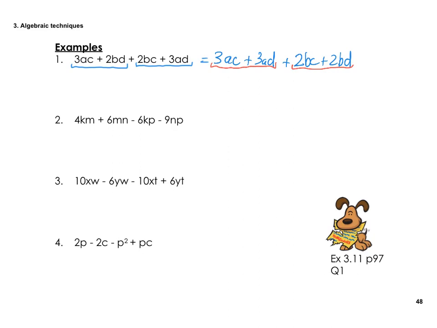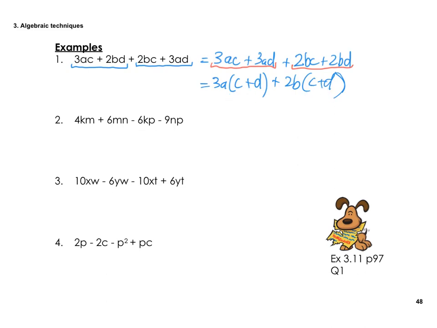So the first one, 3ac plus 3ad, we have a 3a bracket c plus d, plus 2b bracket c plus d. Awesome. Now, really important, whenever you do these, if you don't get the same bracket twice, you know you've made a mistake.